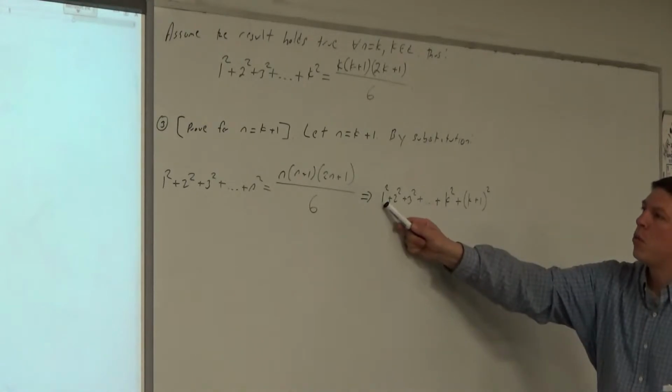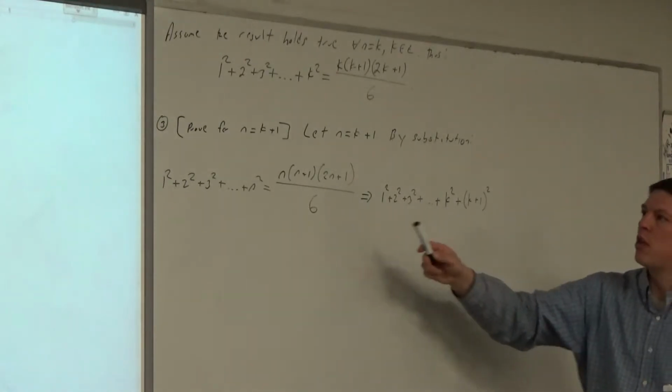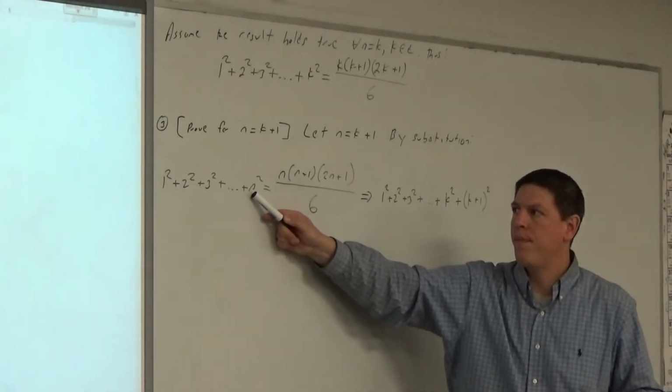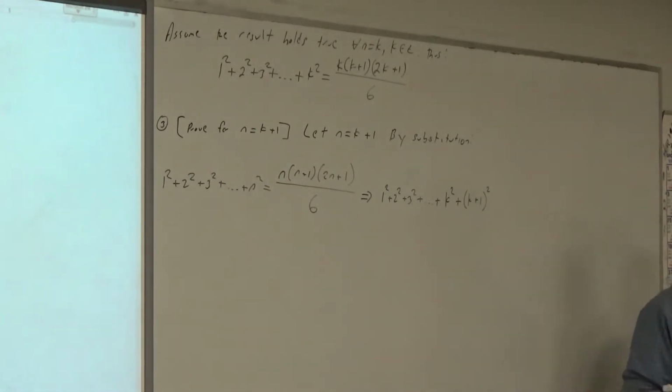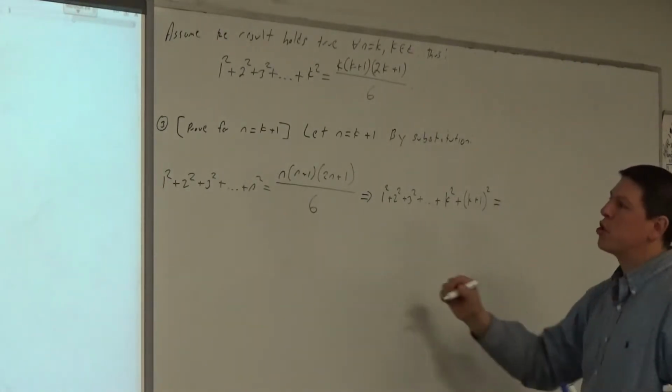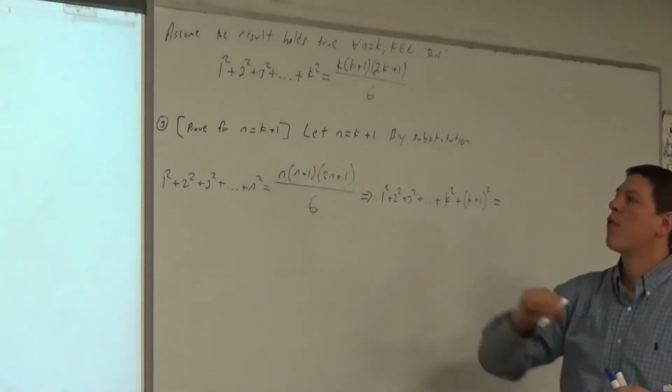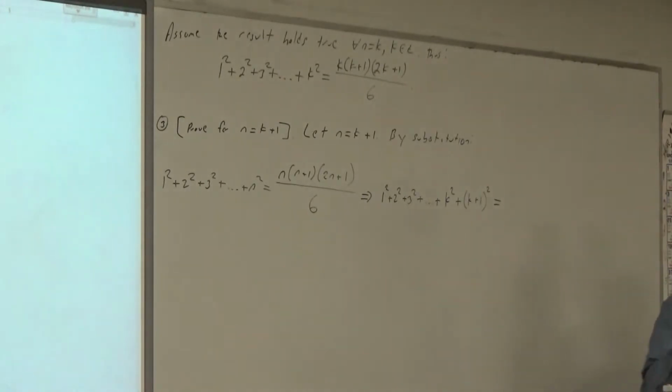Guys, does everybody see how they did that? All they did was go up to k, so they basically plugged in k for n, and then they just added on one more term, the k plus 1 term. The right-hand side, don't we just substitute k plus 1 in wherever we see an n? Now be careful. I'm going to write this up incorrectly, and then somebody yell at me as to why.